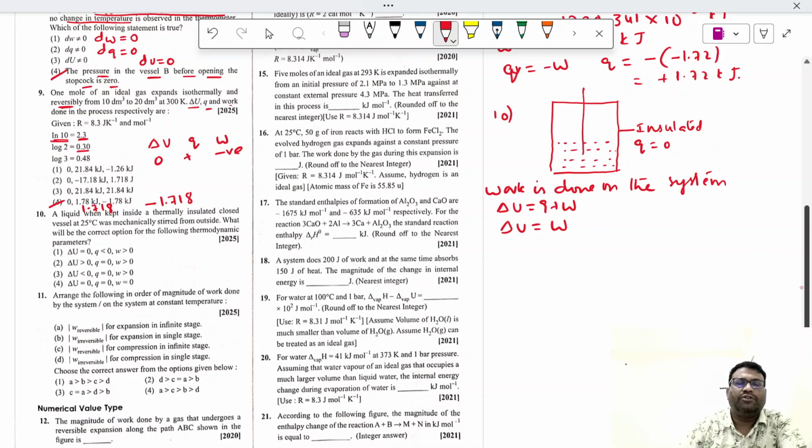Work done positive means work is done on the system. So delta U positive, work done positive, Q 0. Delta U greater than 0 means positive, Q is equal to 0, and work done is also greater than 0, right? So this will be the answer.